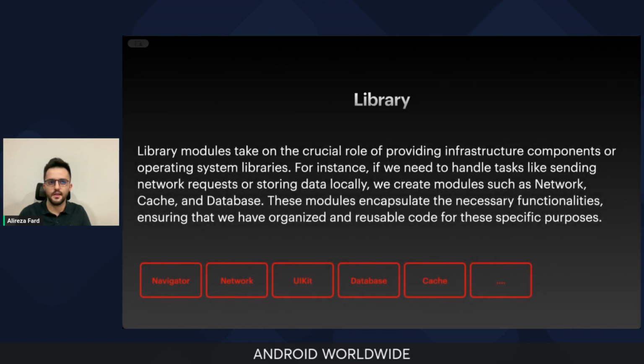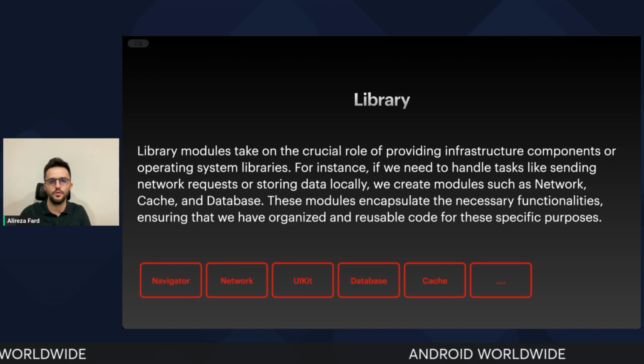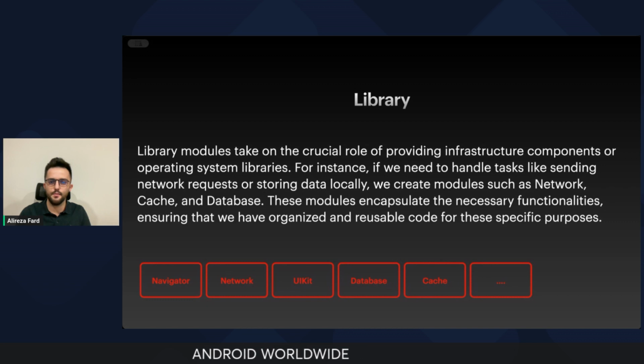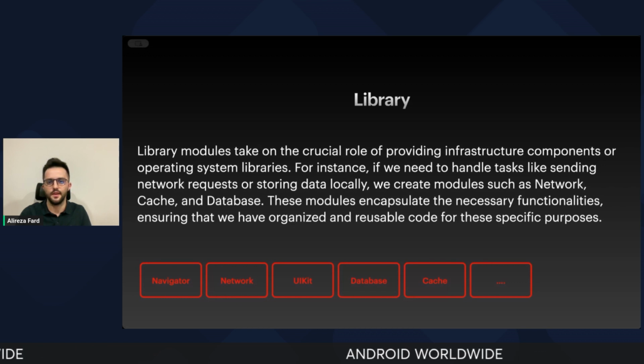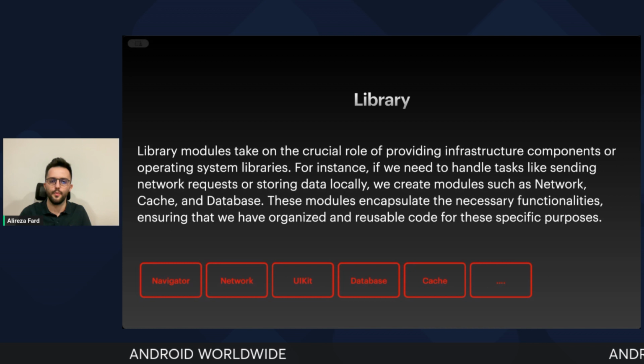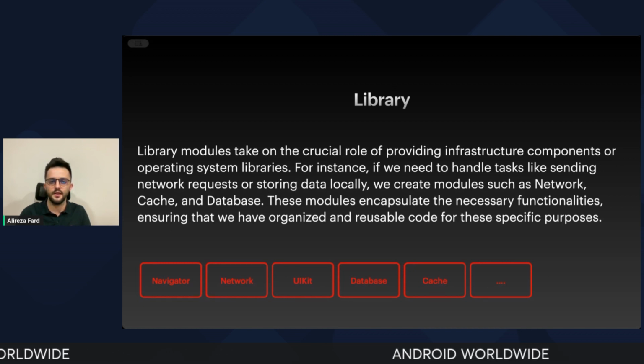A library module is simple, and it's an essential part of the shared code. For example, your UI kit system or your cache system is a kind of library module, and you want to write it one time. Usually you can think that a library module can be open source, and you should not write any business logic or any application behavior inside of that.